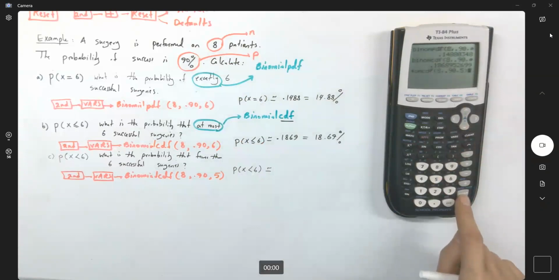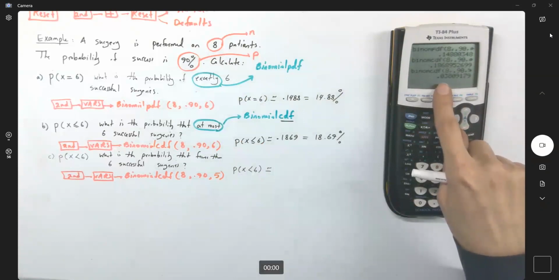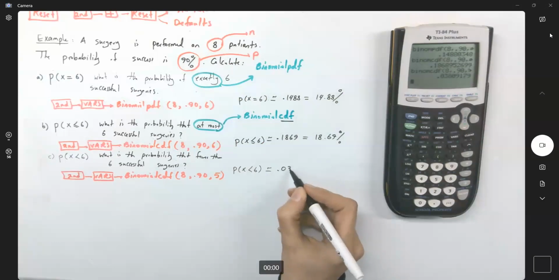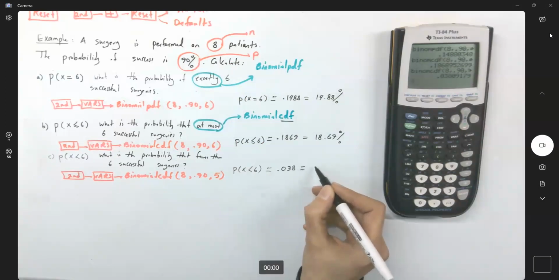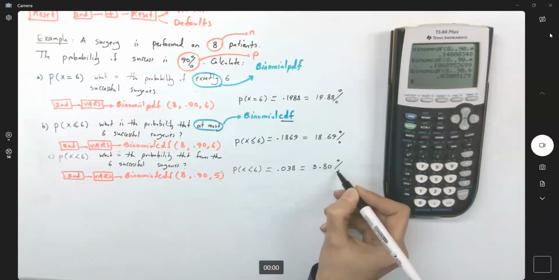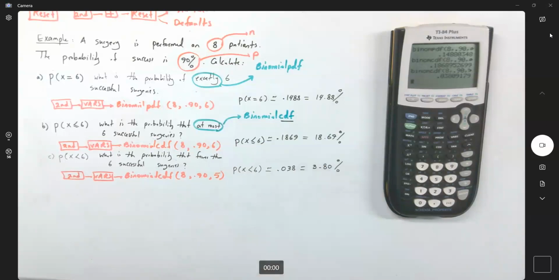Now let us calculate the probability. It is going to be 0.038, or 3.80%. As you can see, these two probabilities are different from each other.